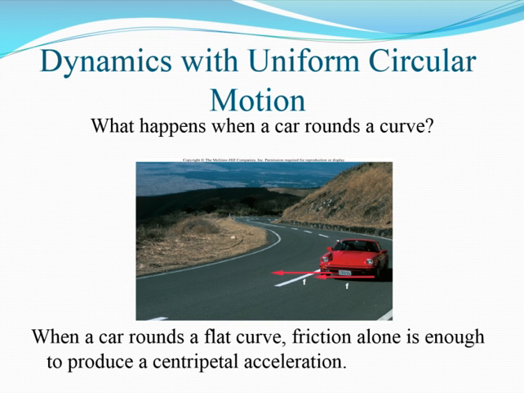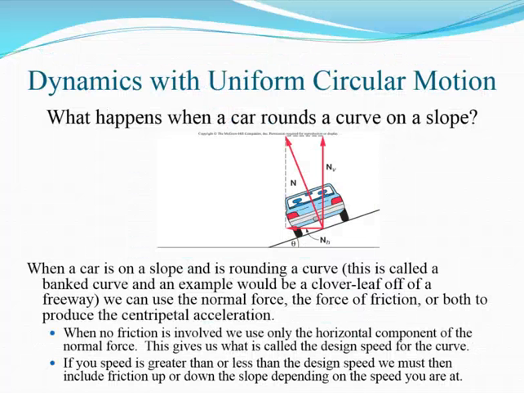Now there are two practical applications we see with centripetal motion when we're driving a car. One of them is when we are driving on a flat curve. If we have a flat curve, that means that friction alone must be enough to produce that centripetal acceleration. Now, oftentimes when we're looking at on-ramps and off-ramps, we have a banked curve.